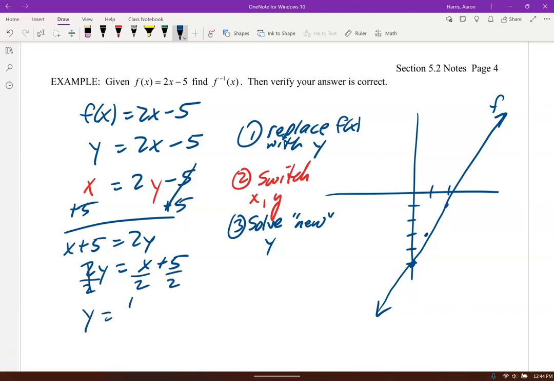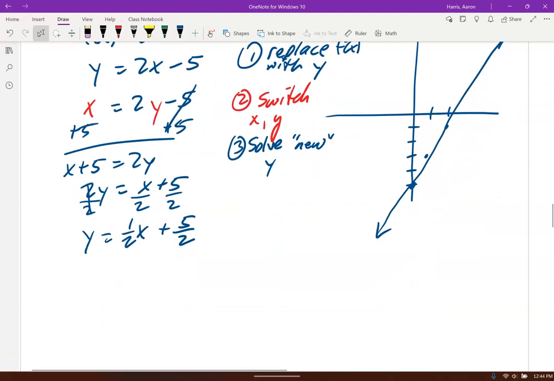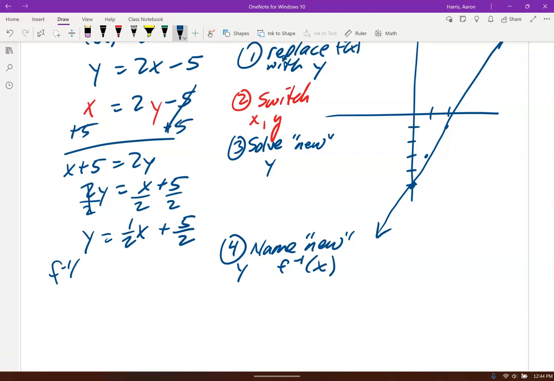So y is 1/2 x plus 5/2, right? Now, the last thing I do is I name the new y f inverse of x, because that's what it is. It's the inverse of f. 1/2 x plus 5/2, okay?